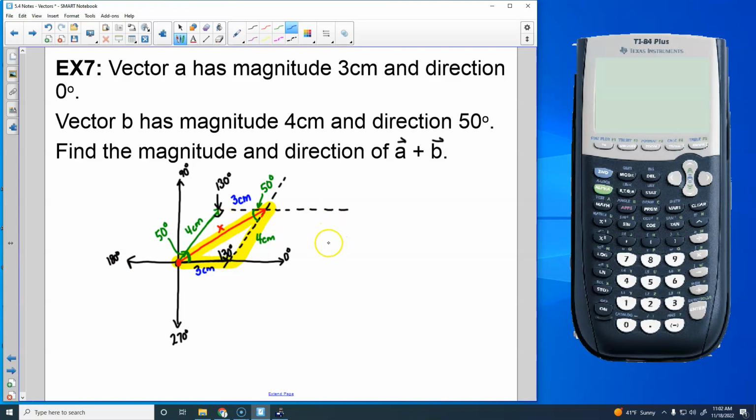So I would say x squared equals 3 squared plus 4 squared minus 2 times 3 times 4 cosine 130.